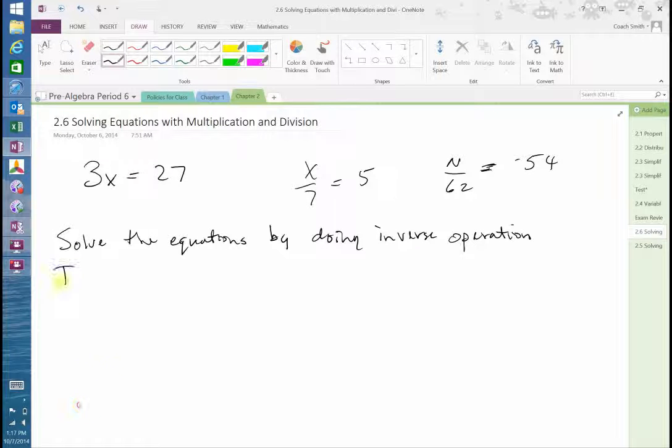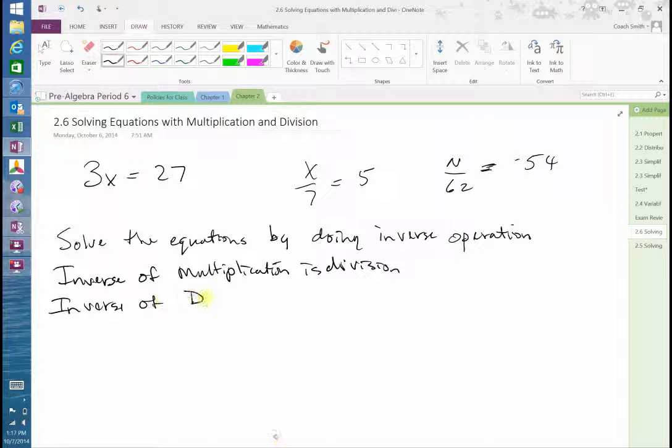The inverse of multiplication is division. The inverse of division is multiplication.